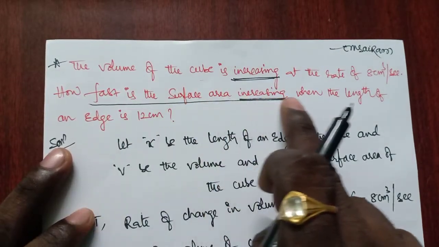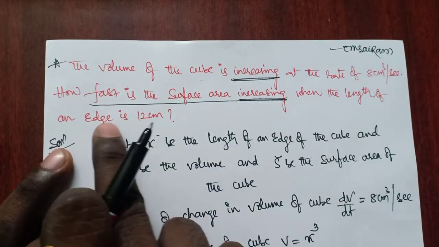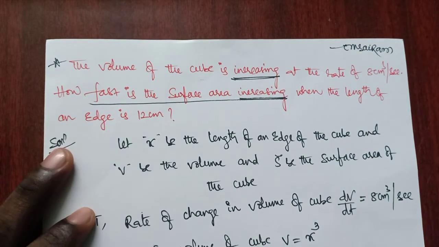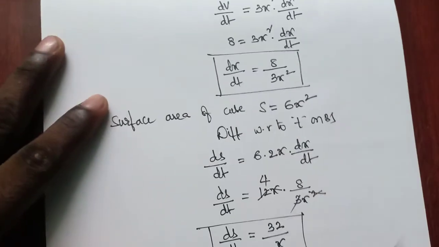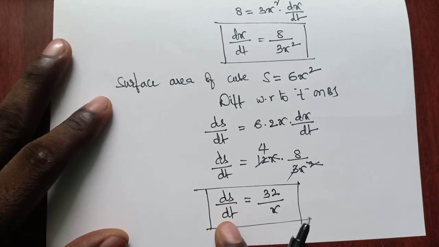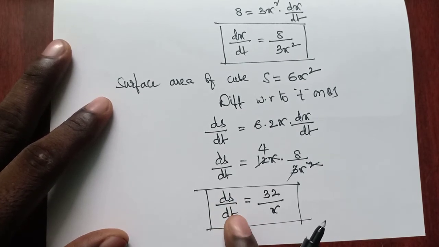Now finally, how fast is the surface area increasing when the length of an edge is 12 centimeters? What we need to find is ds by dt when the length of an edge is 12 centimeters.